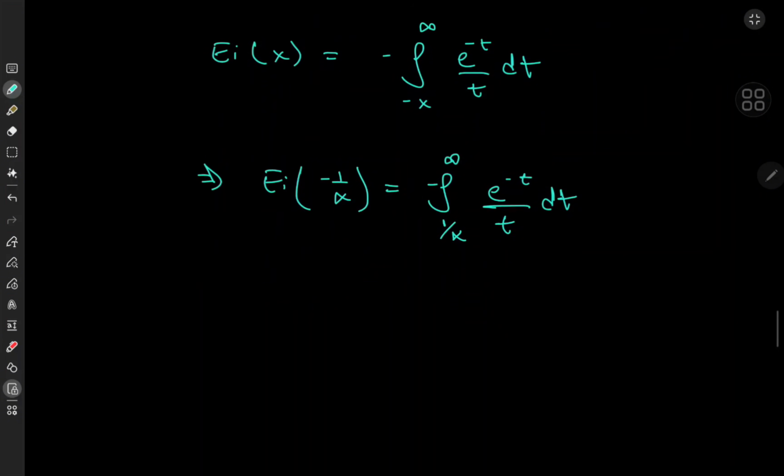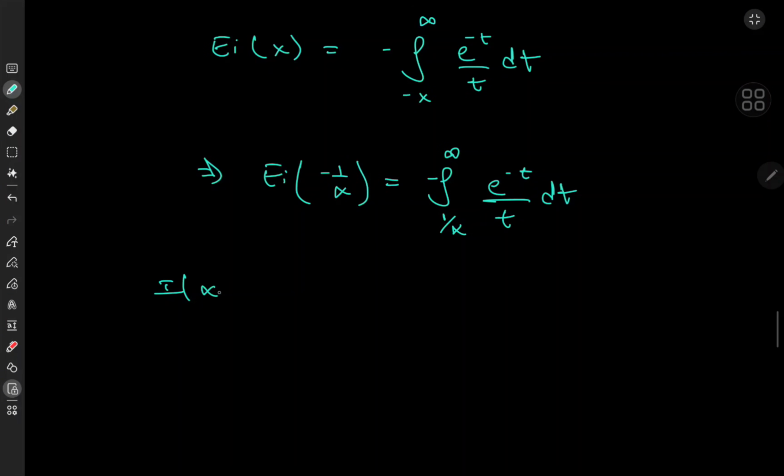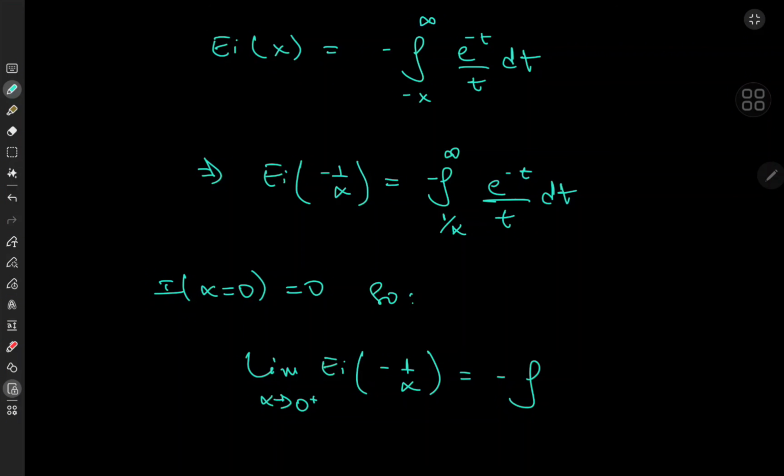And recall we had this useful initial condition that I of 0 is equal to 0, so we'll take the limit of e sub I of negative 1 over alpha as alpha tends to 0 from the right. Now, as alpha tends to 0, 1 over alpha will tend to infinity because alpha is tending to 0 from the right.